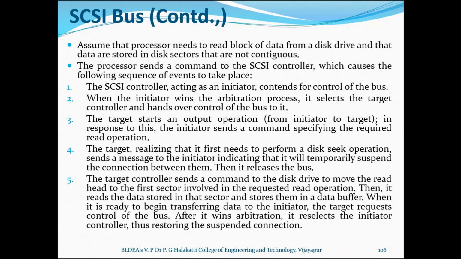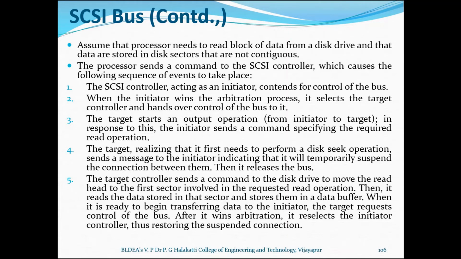When the initiator wins the arbitration process, it selects the target controller and hands over control of the bus to it. The target starts an output operation, that is from initiator to target. In response to this, the initiator sends a command specifying the intended read operation.